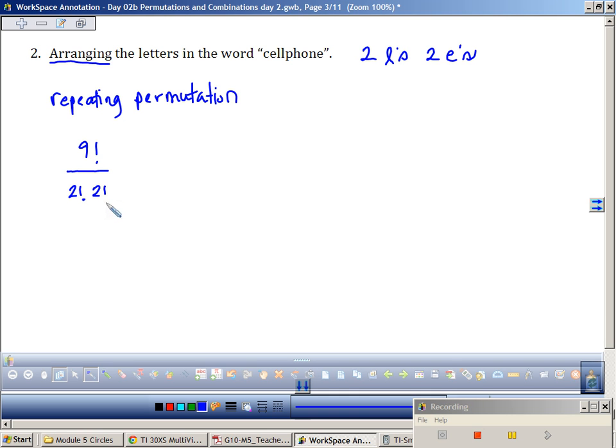So 2 factorial, 2 factorial equals 9 times 8 times 7 times 6 times 5 times 4 times 3 times 2 factorial, all over 2 factorial, 2 times 1.